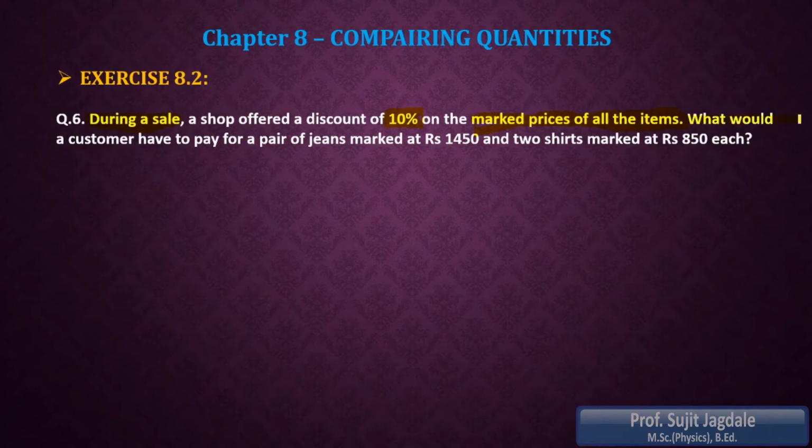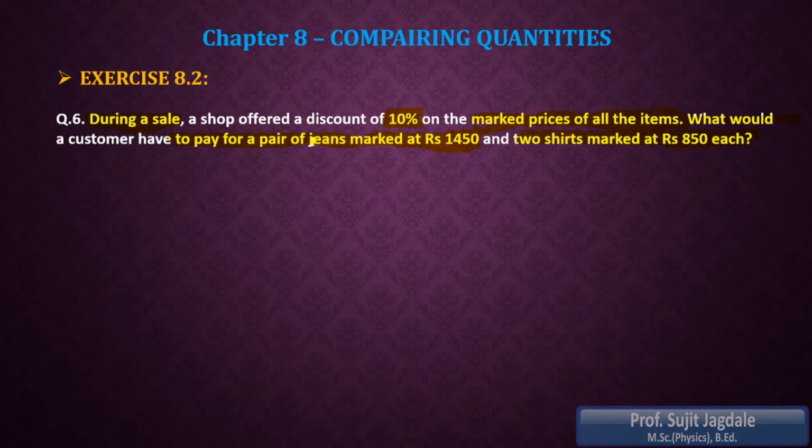Now what would a customer have to pay for a pair of jeans marked at Rs 1450 and two shirts marked at Rs 850 each? The customer is buying a pair of jeans.